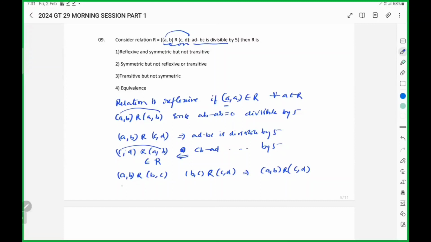Let us take here 10 0 5, product of extremes minus means divisible by 5. To show, we have to generalize. To disprove, one counter example is enough. Take (0, 5) and another ordered pair.